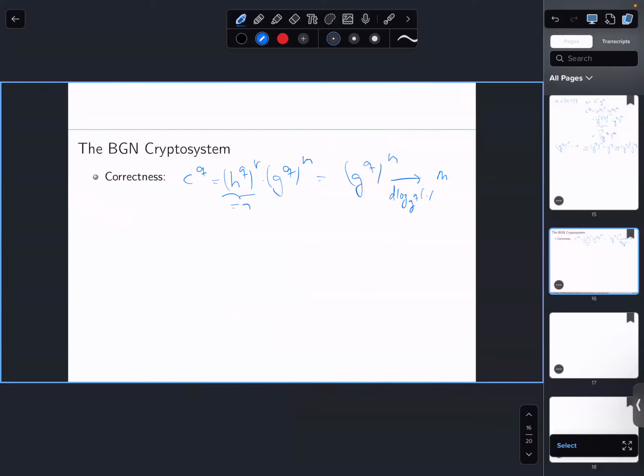And this D log to the base G to the Q is efficient as long as we can efficiently brute force M, all possibilities for M.